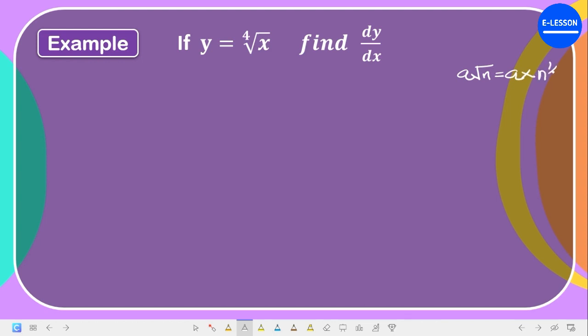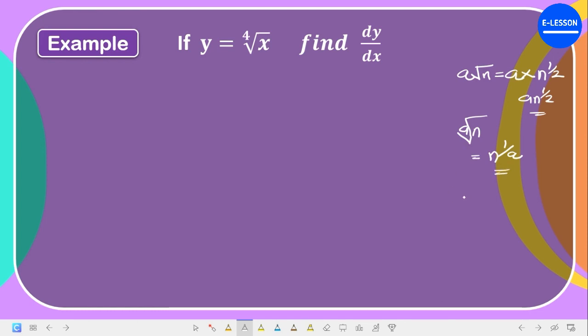N raised to the power of half, which is a times n raised to the power of half. That's the meaning of this. However, if you have a situation where you have the a inside the root, then you have n. This means n raised to the power of 1 over a. That is the meaning of this.